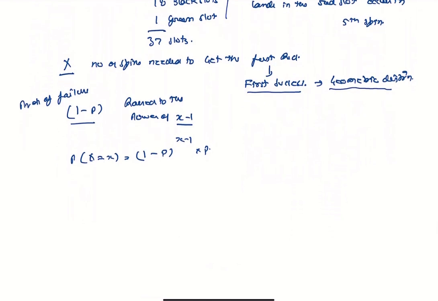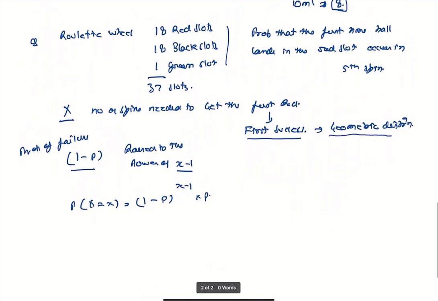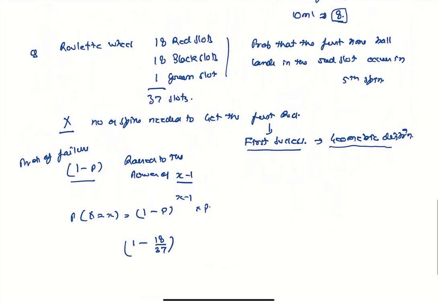The probability of success is, because we have 18 red slots out of 37, 18 over 37. So it will be 1 minus 18 over 37, to the power x minus 1. Here x is the 5th spin, so that will be 4, times the probability of success, 18 over 37, which is 0.0338. This is the formula for the geometric distribution.